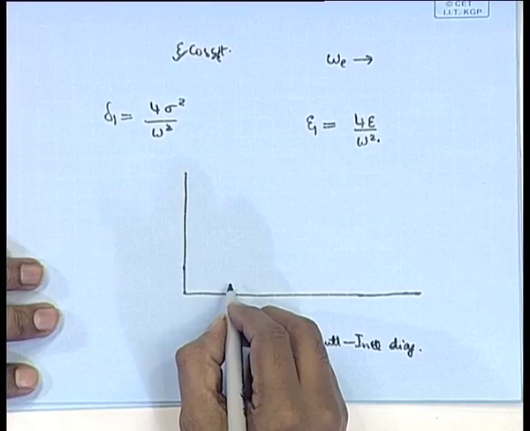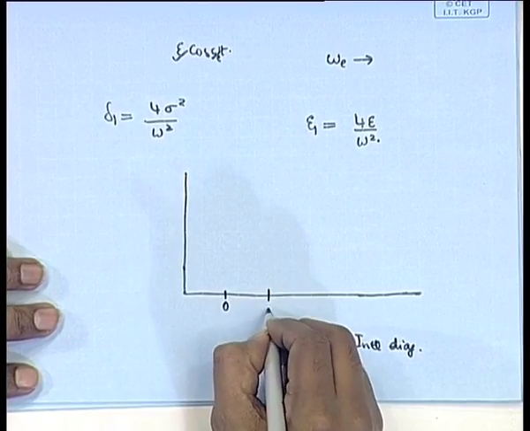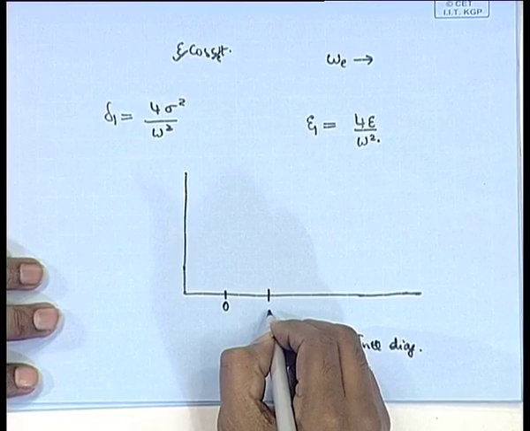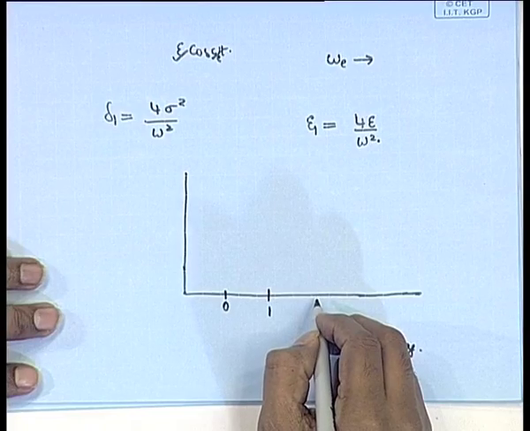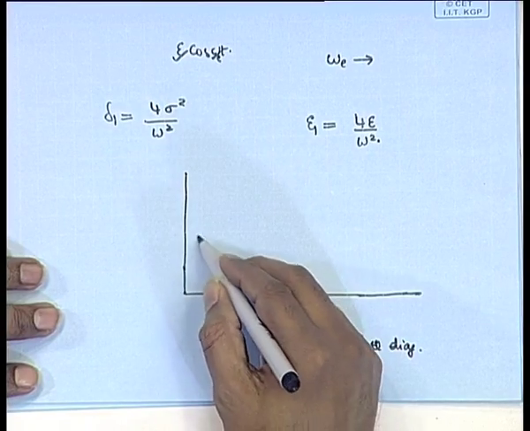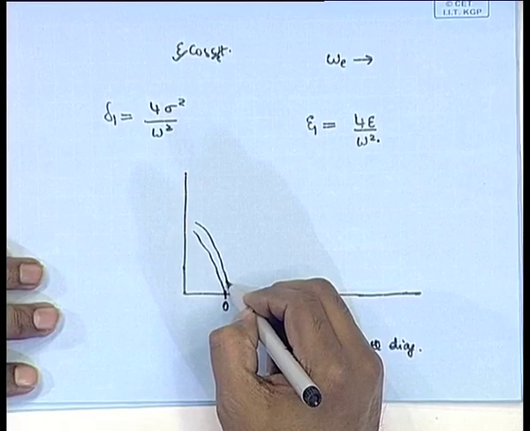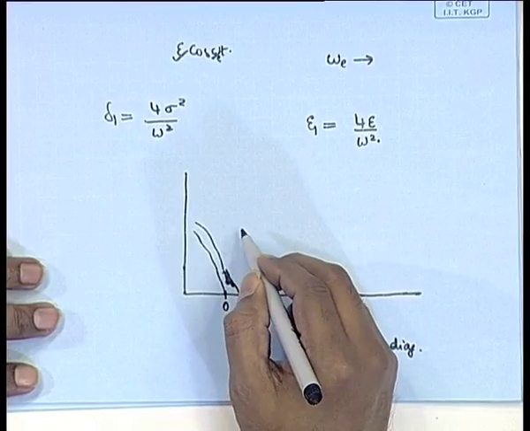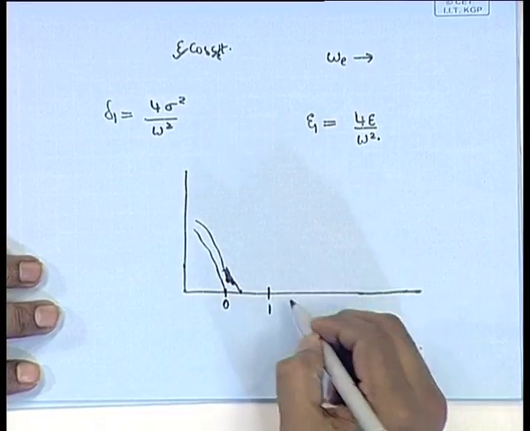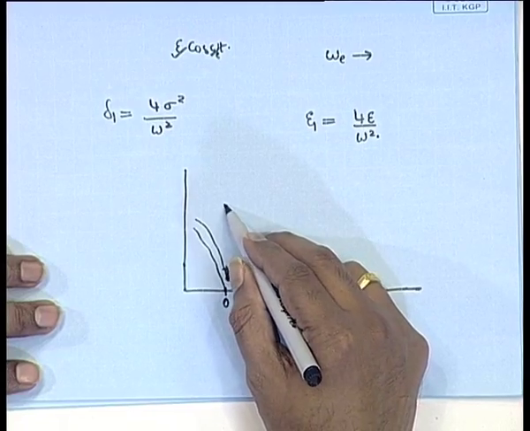So, you will have at 0, 1, similarly you will have drawings like this. I believe it becomes here. So, what you see is that like this, you have similar drawings.